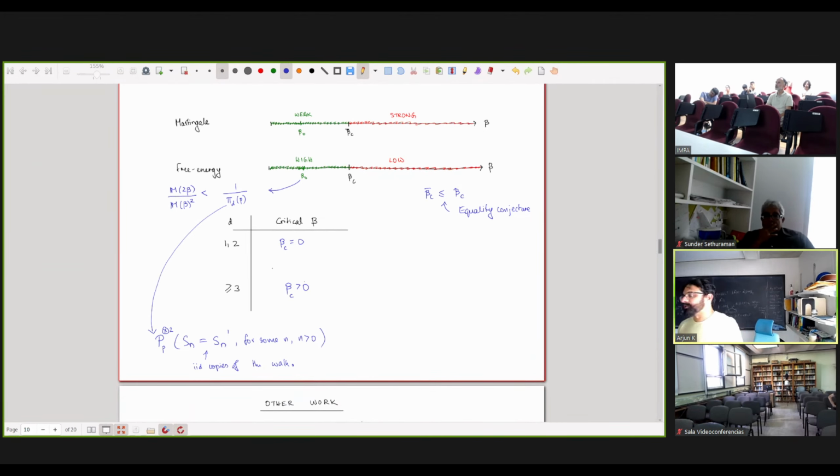That just follows from the fact that you have a weak disorder region. And then if the entropy condition that I talked about on the previous slide holds, then we also know that beta bar c is bigger than 0 and beta c is less than infinity.